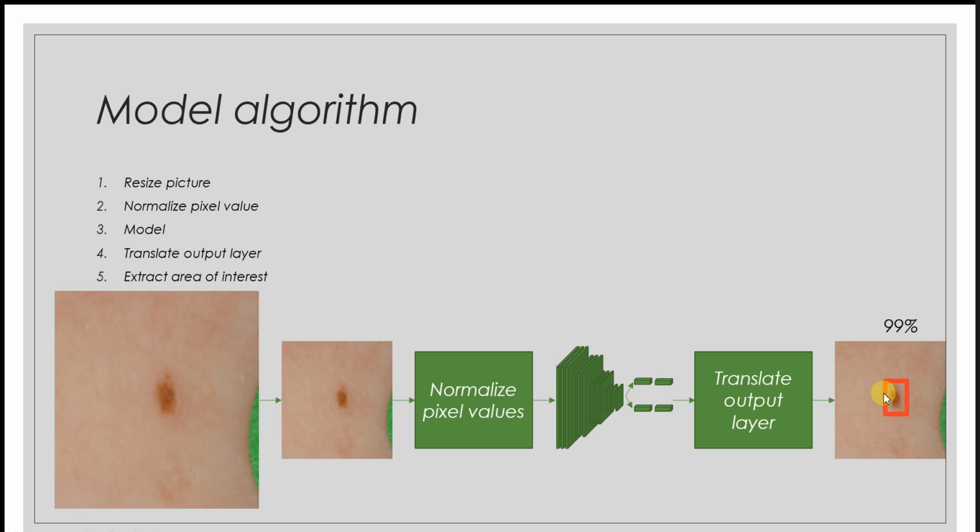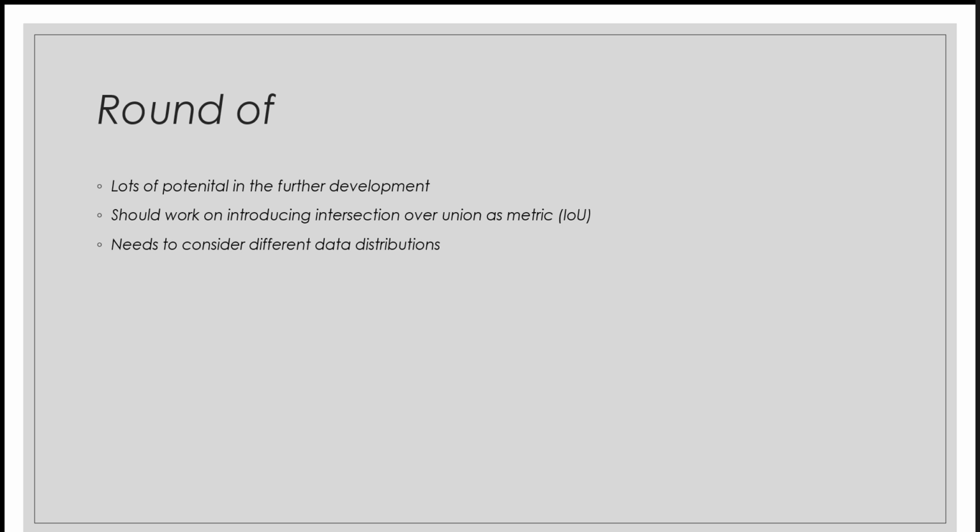When rounding off, there's a lot of potential for the further use of this algorithm. I mean, as I said at the beginning, this is just the first step in a larger algorithm in tracking and diagnosing and all that kind of work with skin disorders. So a lot of potential in this kind of stuff.